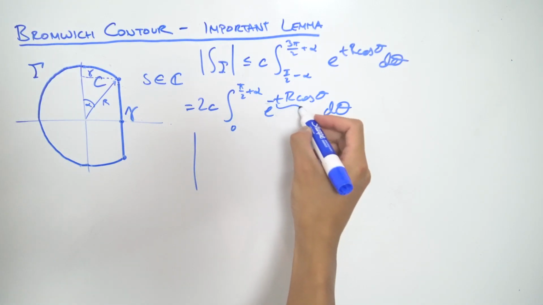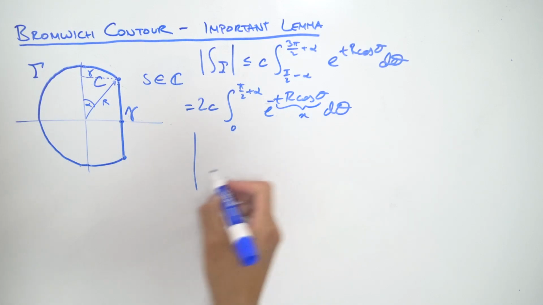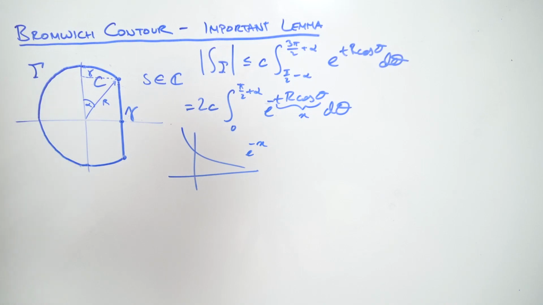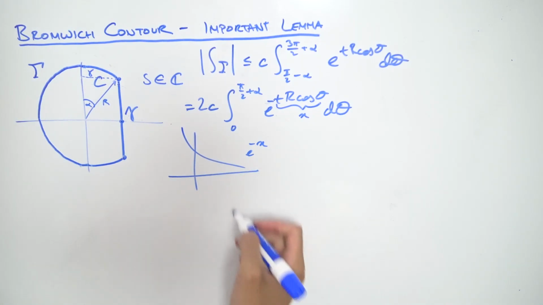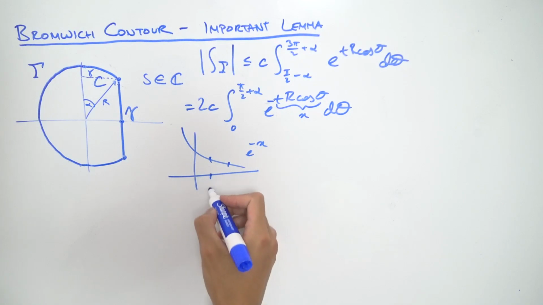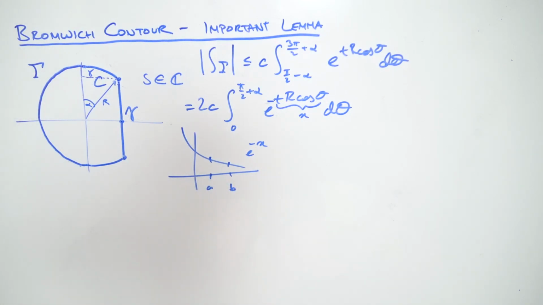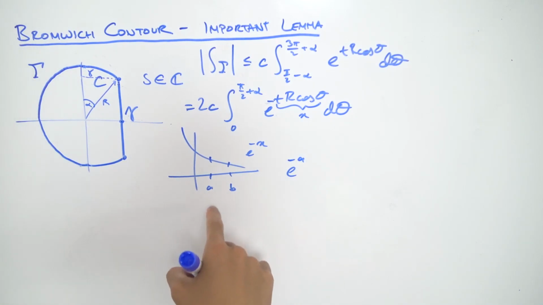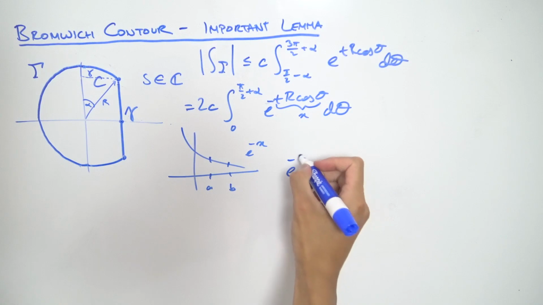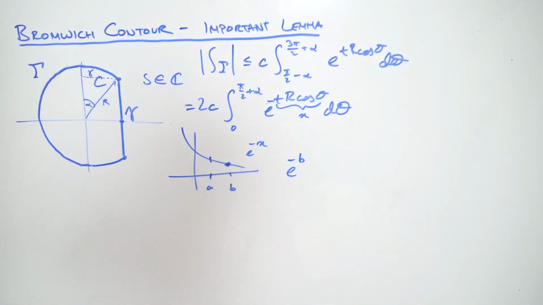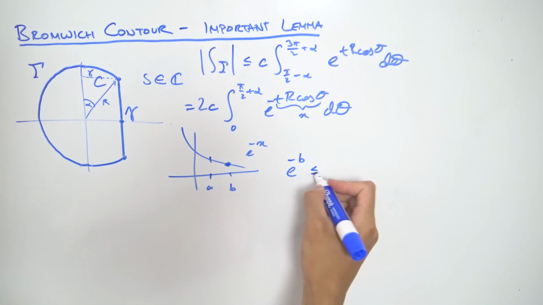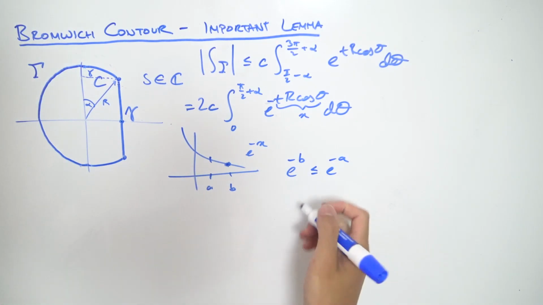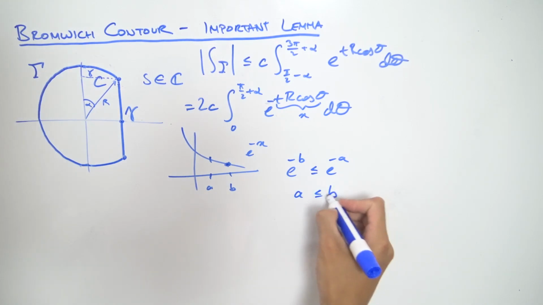So if you call this whole entire thing x, and we take a look at the graph of e to the minus x, like so, notice that if we pick some value, let's say a over here and b over here, then e to the minus b, so we're getting the output over here, is less than or equal to e to the minus a, if and only if a is less than or equal to b.